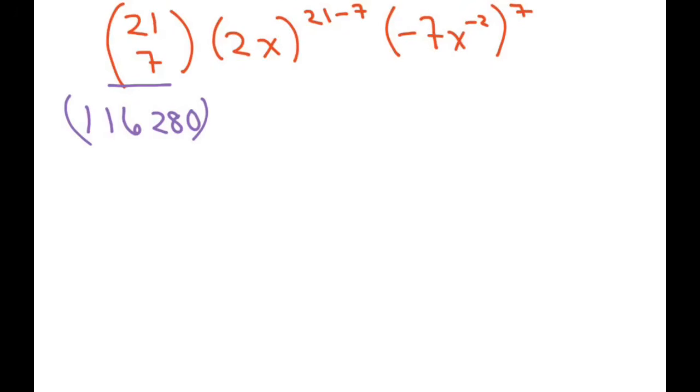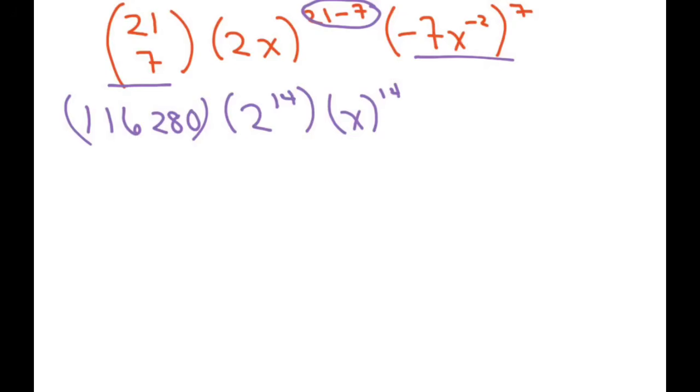Again, this is going to be a huge number. This is 14, so basically you have 2 to the 14th times x to the 14th. And do the same thing with this piece: that's negative 7 to the 7th, and then the x is x to the negative 14th.